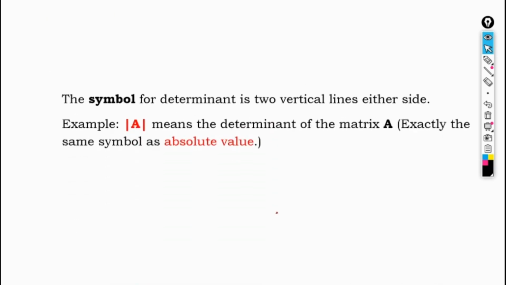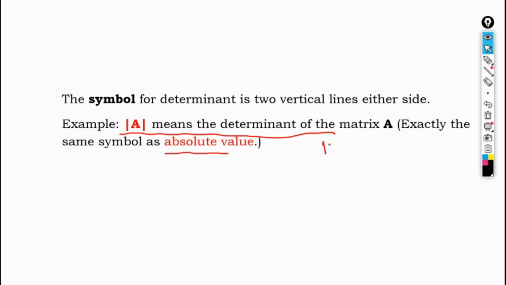Again, we denote the determinant by two vertical lines on either side. Here, determinant of A means the determinant of the matrix, exactly the same symbol as the absolute value.